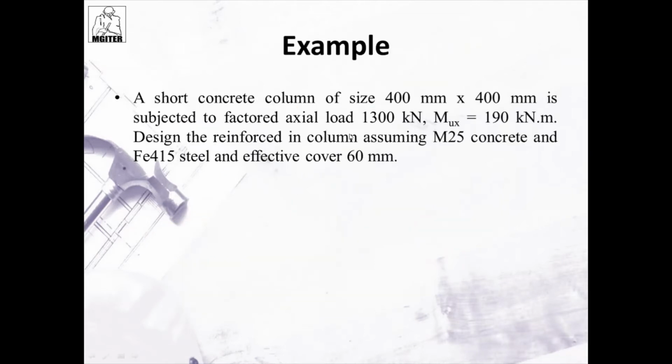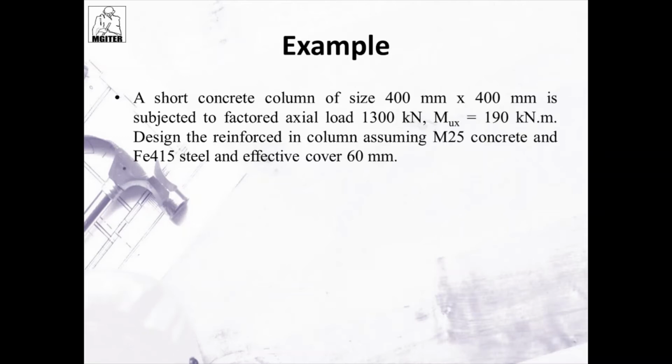Okay, so let's start to design a column. Here is an example: a short concrete column of size 400 mm by 400 mm is subjected to a factored axial load of 1300 kilonewton. MUX is 190 kilonewton meter.